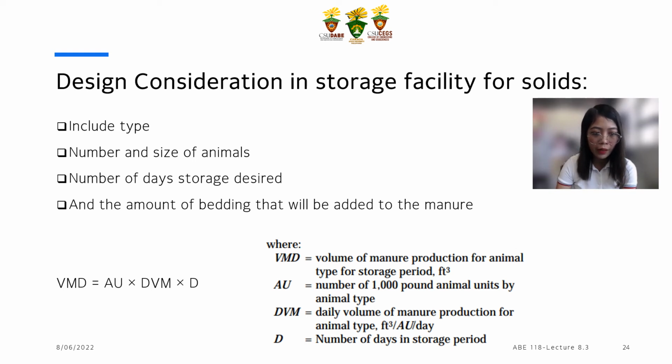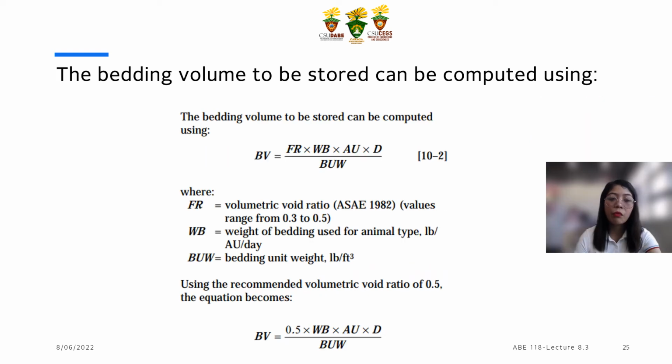We have VMD equal to the number of 1,000 pound animal units by animal type, multiplied by DVM, the daily volume of manure production for the animal type, and then D is the number of days in the storage period. So the bedding volume to be stored can be computed using this formula.